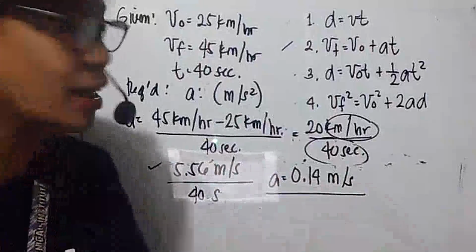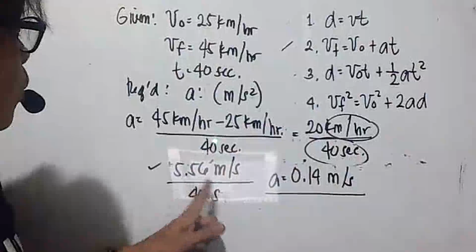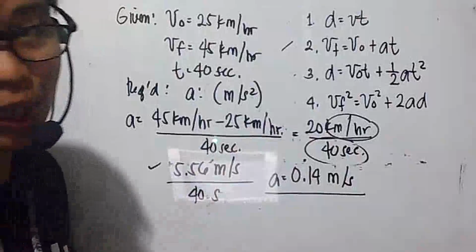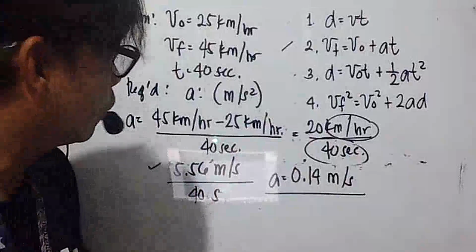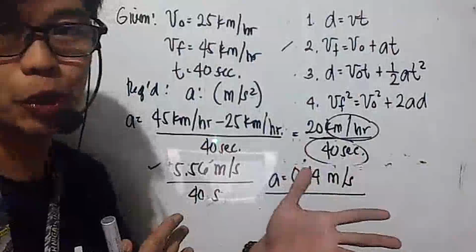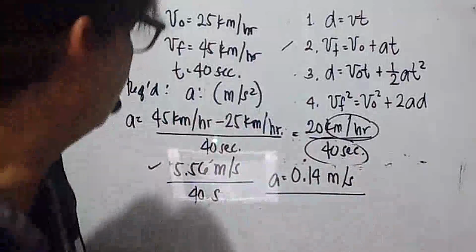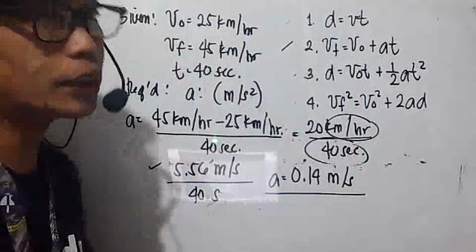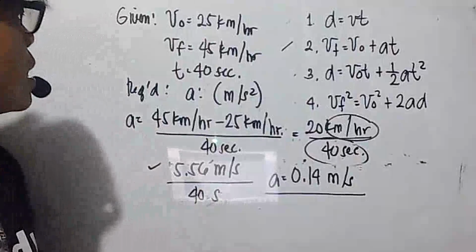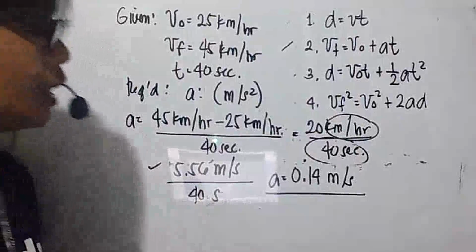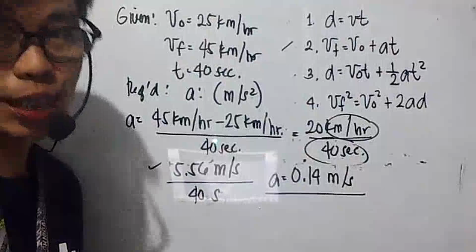So you could cancel the units. Then you could get the value of 5.56 meters per second. If you're quite confused, just rewind this video and look at how I did the solution. So the average acceleration of the truck is equal to 0.14 meters per second squared.